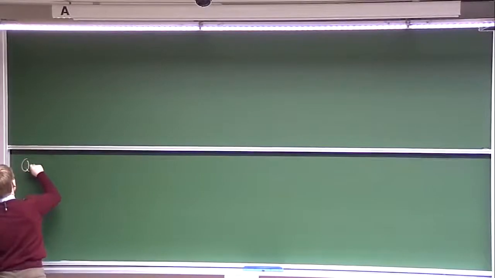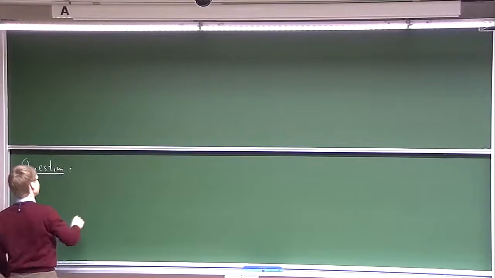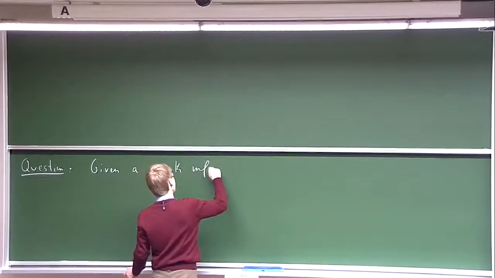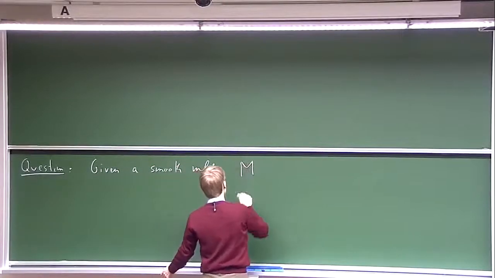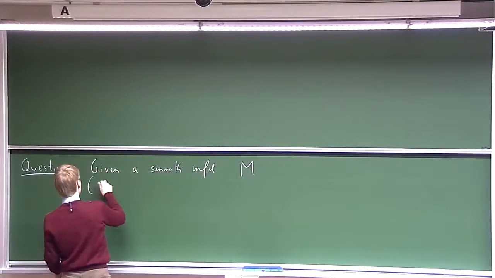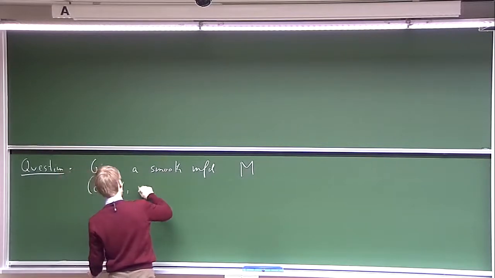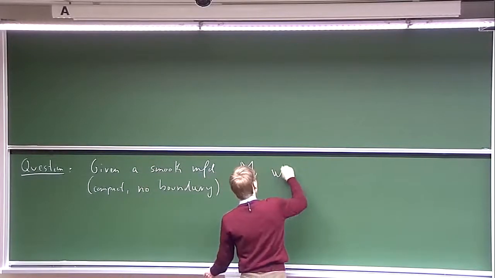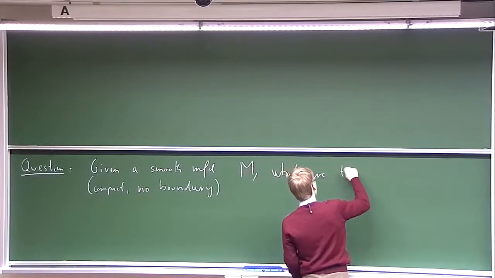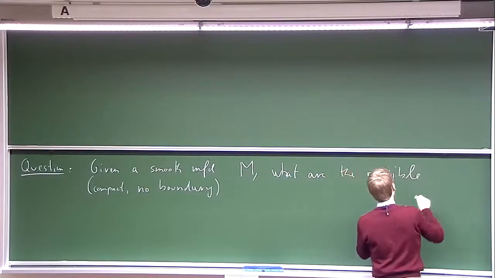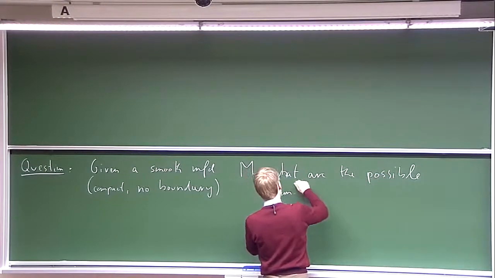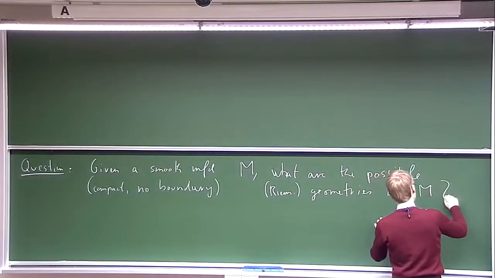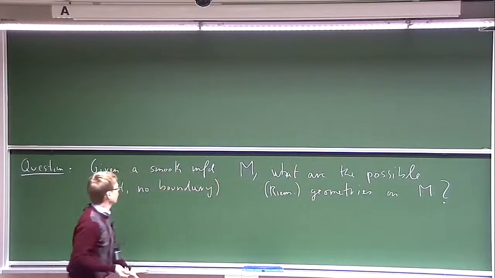So a question at large would be: if you're given a smooth manifold M, and let's say to fix the ideas, it should be compact and should have no boundary, what are the possible Riemannian geometries on M?